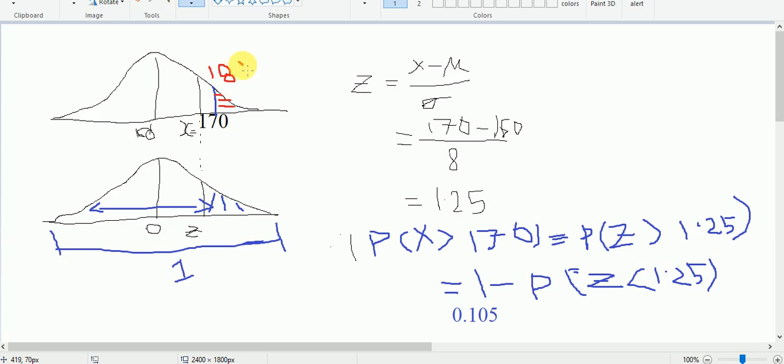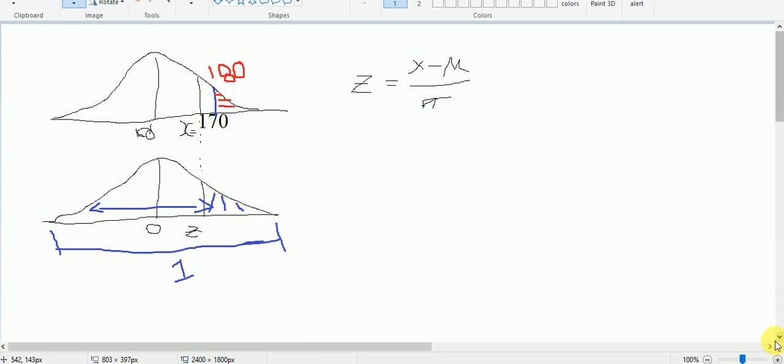And here it can be defined as the probability of x greater than 180, given that x is already greater than 170.